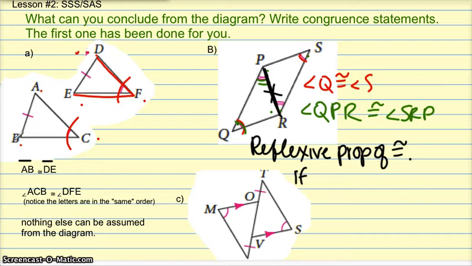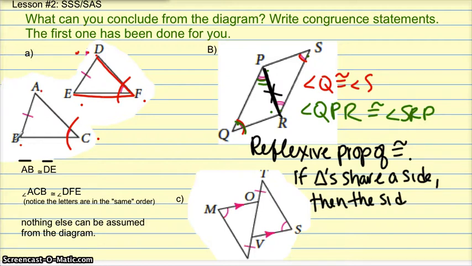Basically, if two triangles share a side, then the sides are congruent. So using the reflexive property, we can assume that segment PR is the same as segment PR.